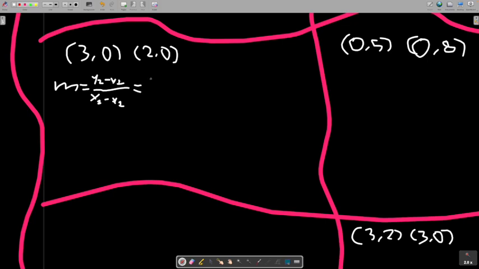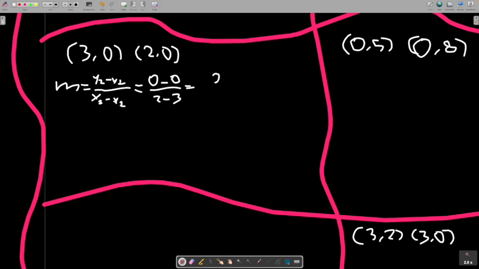So y2, that's 0, y1, that's also 0, x2, that's 2, and then x1 is 3, and it's a change, so it's minus, not plus. Now, what is 0 minus 0? That's 0. What is 2 minus 3? That's -1. And what is this equal to? This is equal to 0.